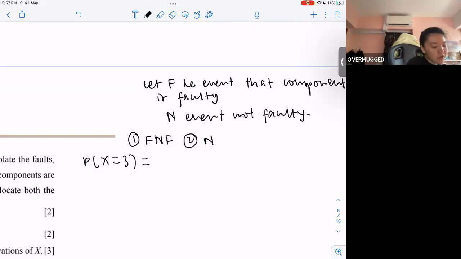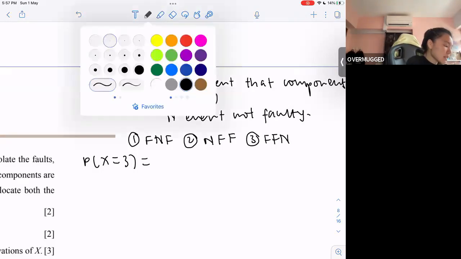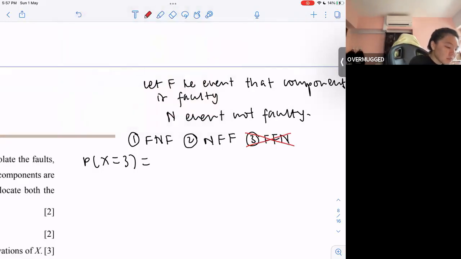I get not faulty, and then faulty and faulty. And that's my only 2. Why? Because can I get a third case that is faulty, faulty, not faulty? No, this is impossible. Because if I get a faulty and faulty already, then my test would stop. That means my x will be equal to 2. That's why this is not possible.